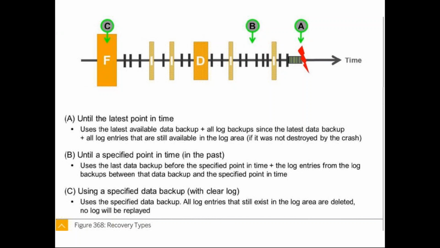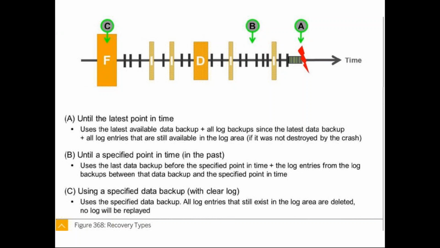What it does, as mentioned here, is use the latest available data backup. When you say data backup, remember that it's not just about a complete data backup or a full data backup. Along with that, you also have the incremental and differential.